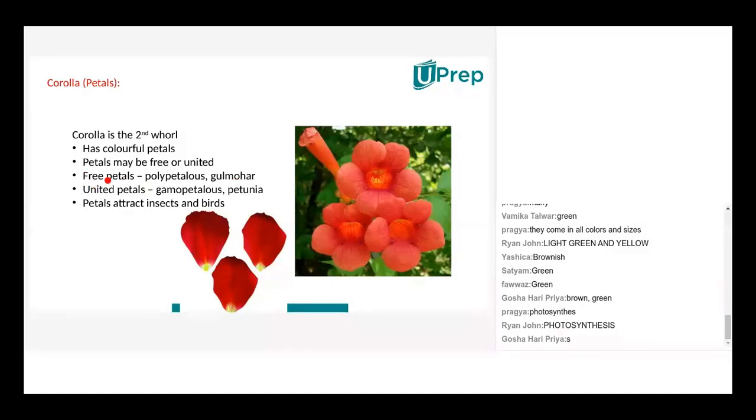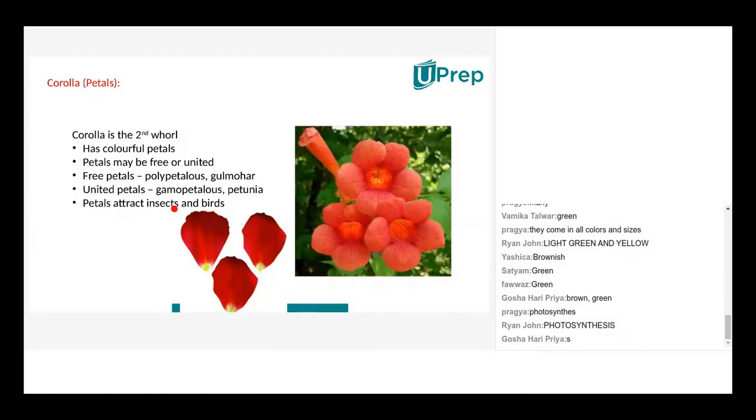The petals are all free, they are all separate. They are polypetalous. And if you pull out the picture of a petunia flower, the petals are all united, they are together. That is known as gamopetalous. Right, so we have understood 2 types of petal arrangements. One is polypetalous flowers and the other is gamopetalous flowers.